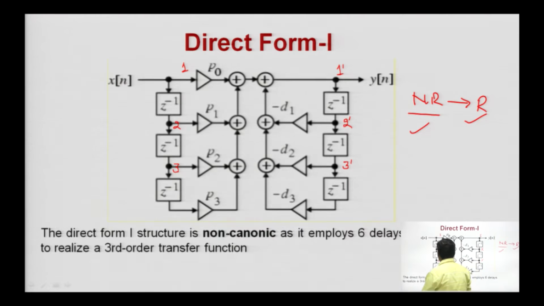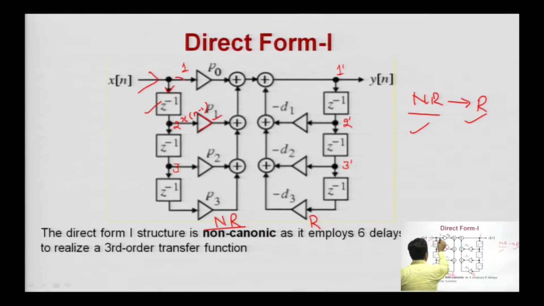Now, you can see in this structure the first part shows the non-recursive and the second part shows the recursive structure. You are giving the input x of n and it is delayed by this single delay element and you get x of n minus 1. It goes through this multiplier P1.